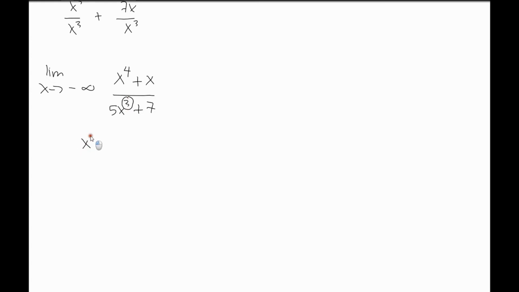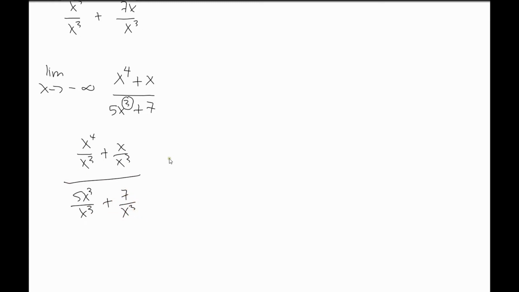So it's x to the 4 all over x cubed plus x all over x cubed, all over 5x cubed all over x cubed plus 7 all over x cubed.